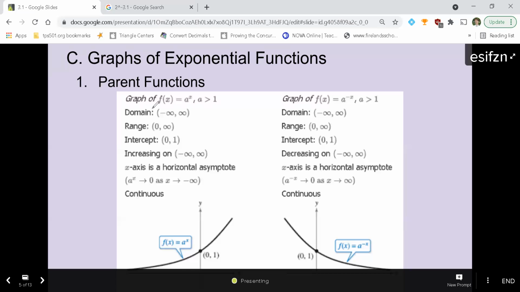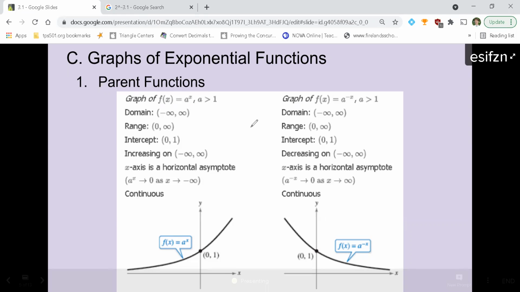Okay, so the next thing you have to do is graph exponential functions. Here are the parent functions for a to the x and a to the negative x. You will notice that a to the negative x is just a reflection over the y-axis of the original. As it said in the definition, the domain is all real numbers.